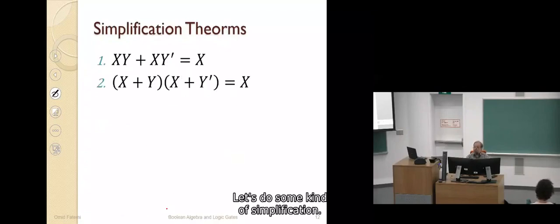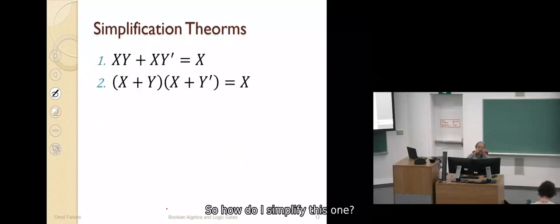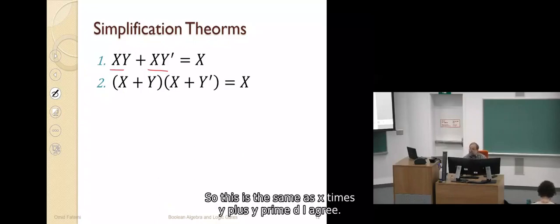So let's do some simplification. xy plus xy bar, xy prime. So how do I simplify this one? xy plus xy prime, I use the distributive property. So this is the same as x times y plus y prime.